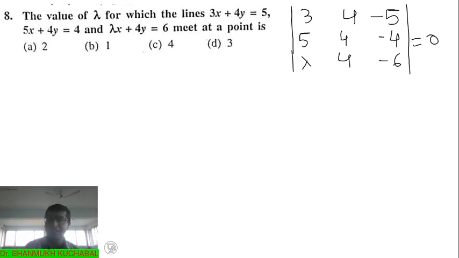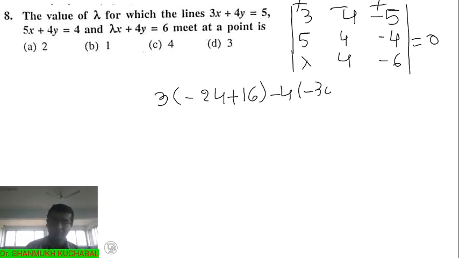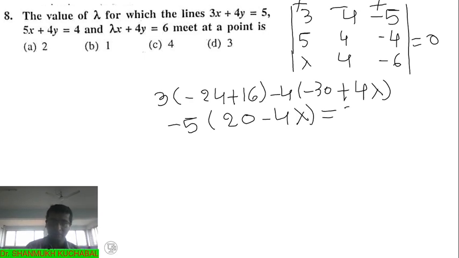Then we'll assign plus, minus and plus signs. If we expand this, we get 3 into minus 24 plus 16, next minus 4 into minus 30 plus 4 lambda, then minus 5 into 20 minus 4 lambda is equal to 0.